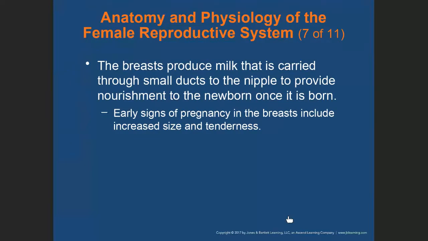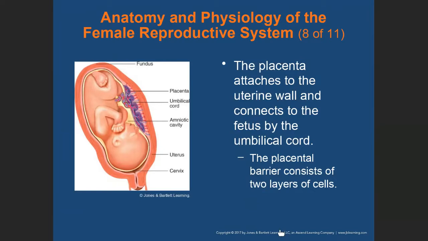The breast produces milk that is carried through small ducts to the nipple to provide nourishment to the newborn once it is born. Early signs of pregnancy in the breast include increased size and tenderness. The placenta, which develops in the 4th week of the embryonic stage, is basically the lifeline for the fetus.